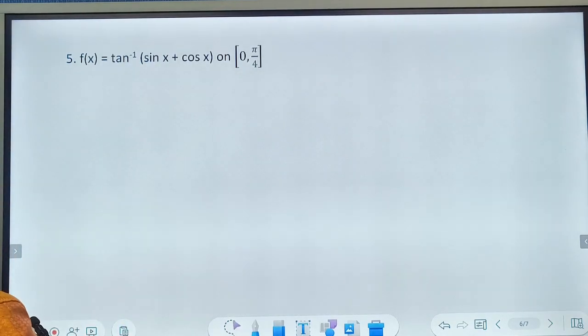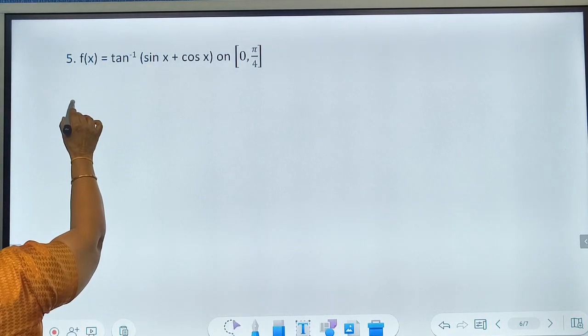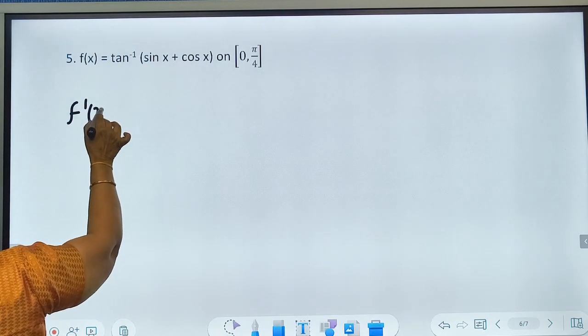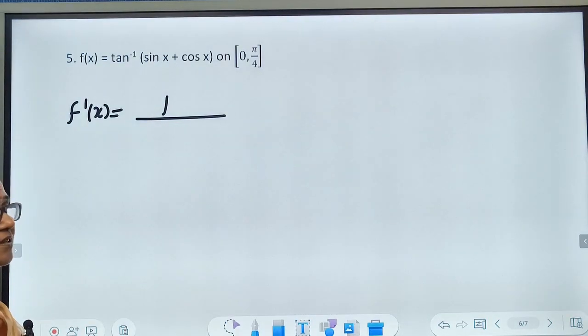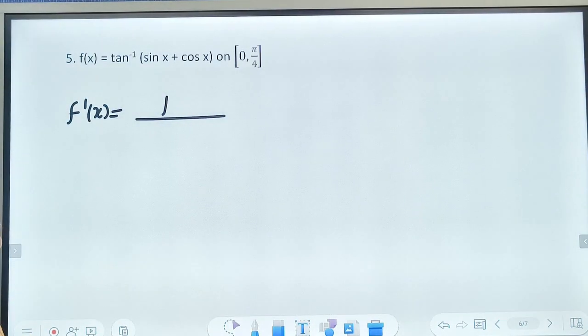Now f of x equal to tan inverse of sin x plus cos x on 0 comma pi by 4. So what will be f dash of x? If it is tan inverse x, what is the derivative? 1 by 1 plus x square.